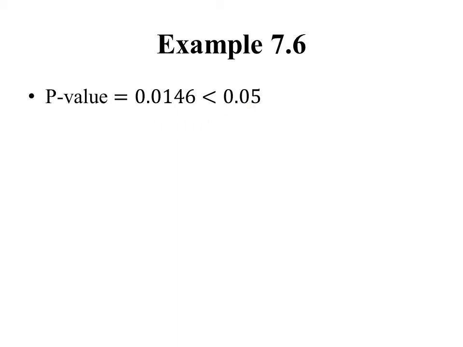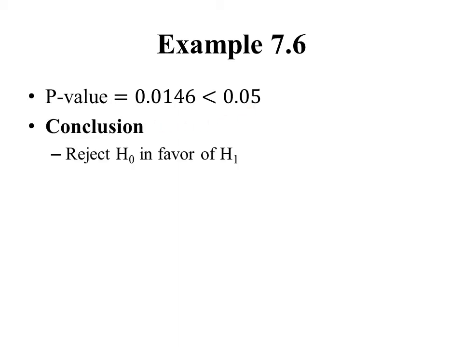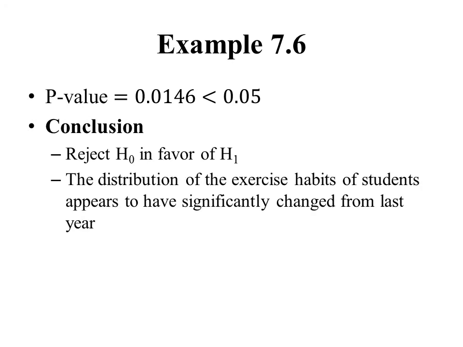In this case, our p-value is less than 0.05, and so our conclusion would be to reject the null hypothesis in favor of the alternative. And so this means that our data support the claim, or stated another way, that the distribution of the exercise habits appears to have significantly changed from last year to this year. So it looks like things really have changed.